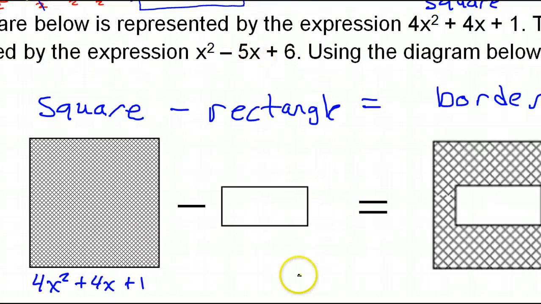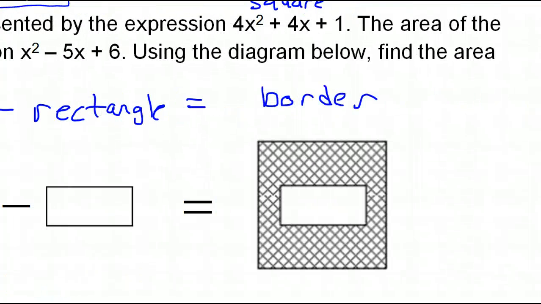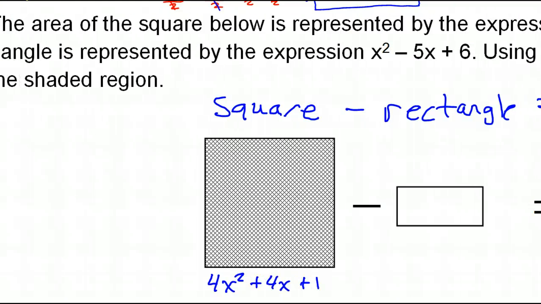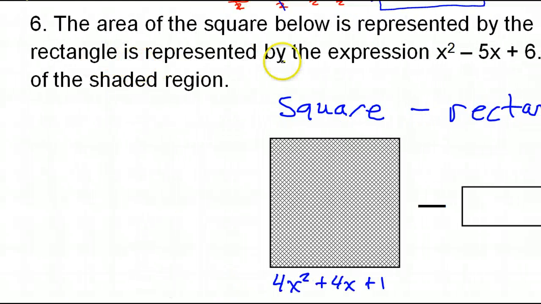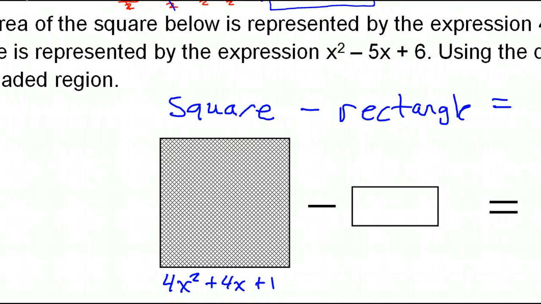I guess this is the rectangle. Let me just scan across it. The area of the rectangle is represented by the expression x squared minus 5x plus 6. So the rectangle is x squared minus 5x plus 6.